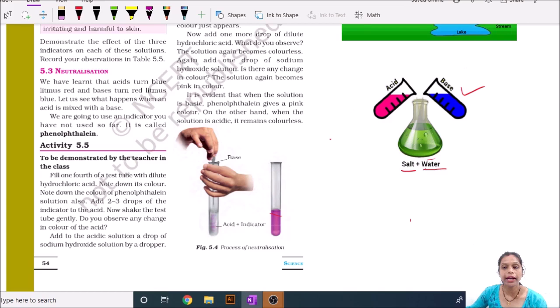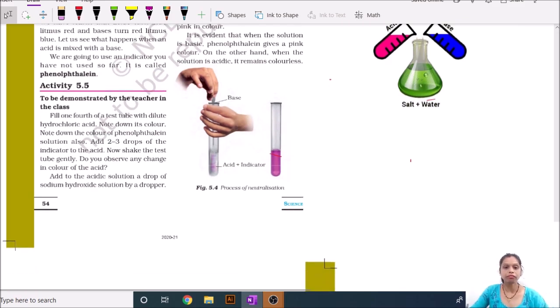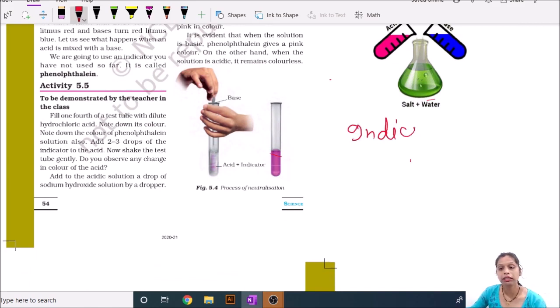Okay, then you take a beaker and put hydrochloric acid in it. Take phenolphthalein. Phenolphthalein is what? It is an indicator.